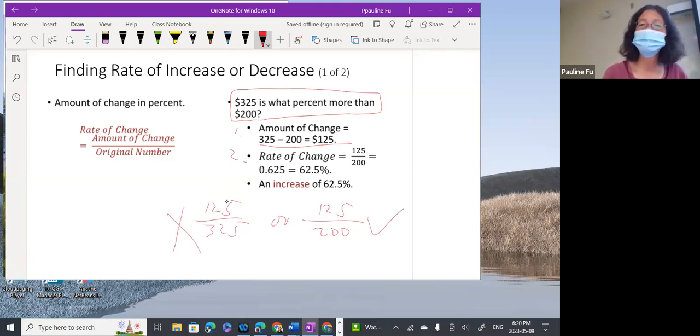The trick is, look at the keyword THAN, then you divide by the number after THAN. After THAN, you see the number 200, so you divide by 200. Any questions?